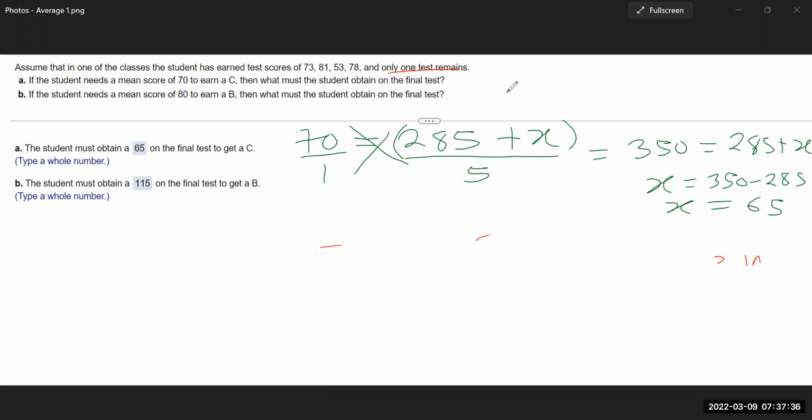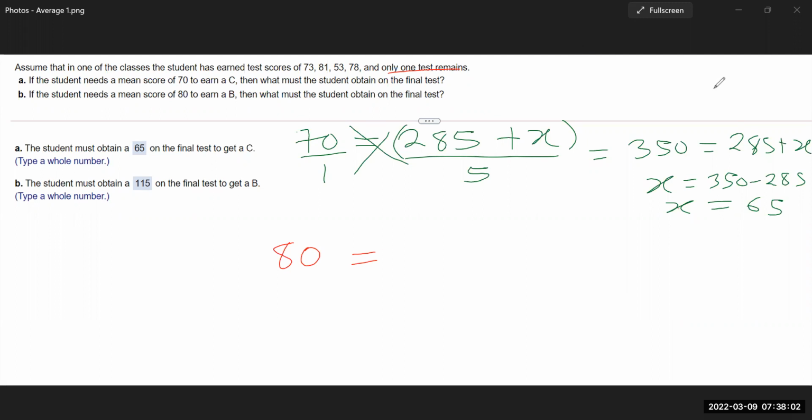The only part that I'm going to keep is this part of the problem. It says if the student needs a mean score of 80, so now the mean is 80, then what must the student obtain on the final score?